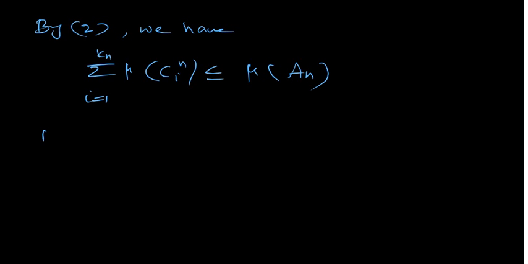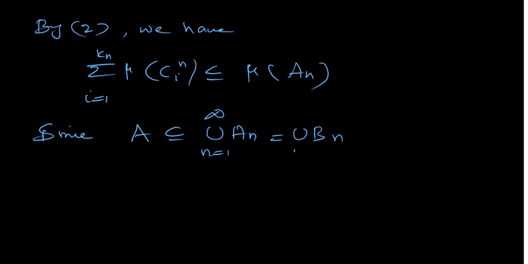Now since we have this A, it is a subset of the union of A_n, n runs from 1 to infinity, which is equal to the union of B_n, n runs from 1 to infinity.